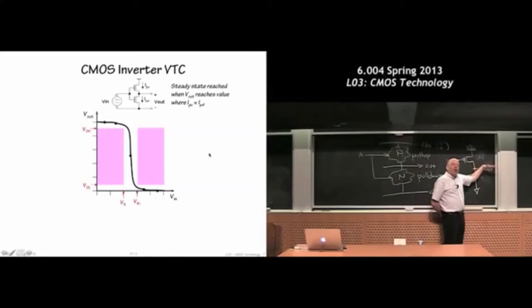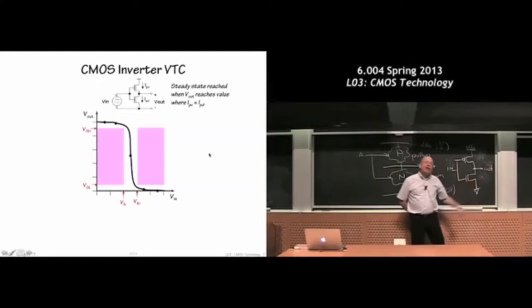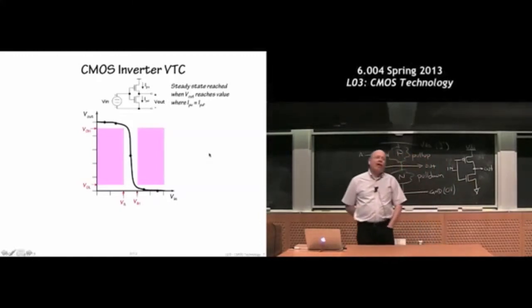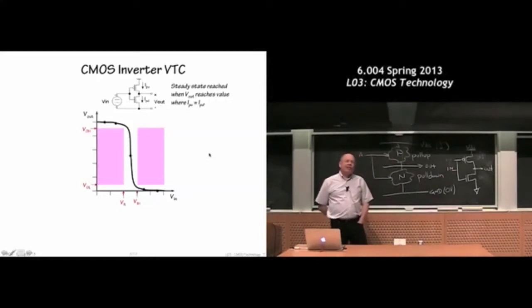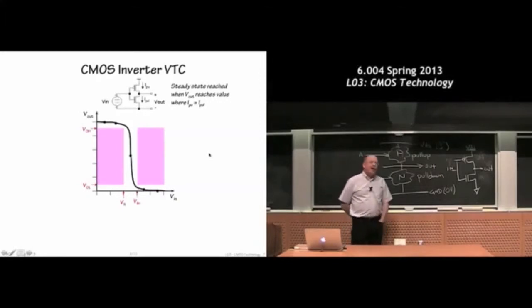So we're essentially storing some information on the output node here. And not very reliably, because there's a small amount of leakage current. This guy, when I said he was off, I was lying. There's actually a couple picoamps of current that flow, enough so that that node will eventually get discharged. But over the course of, say, tens of milliseconds, that node will maintain its value.